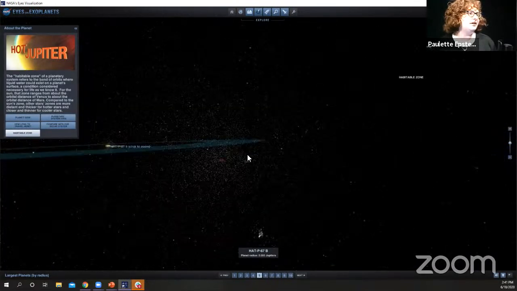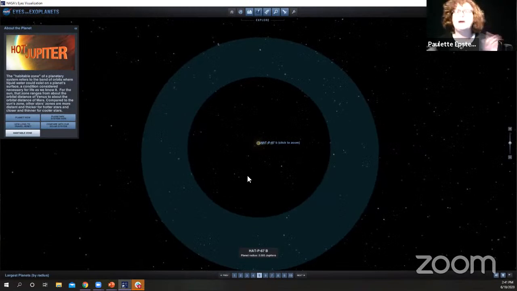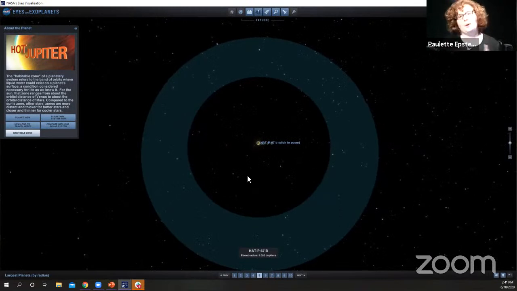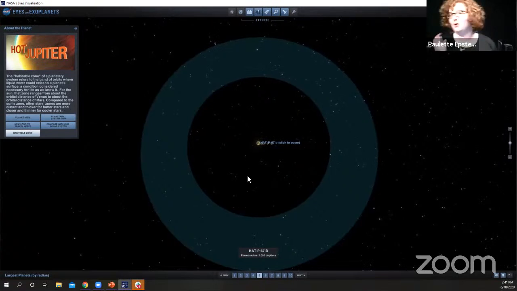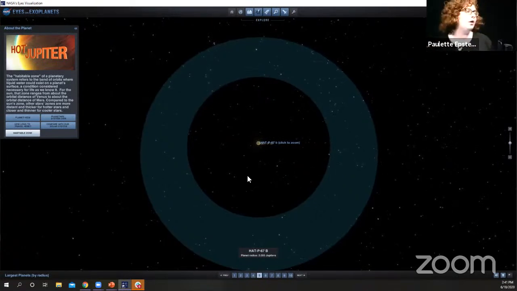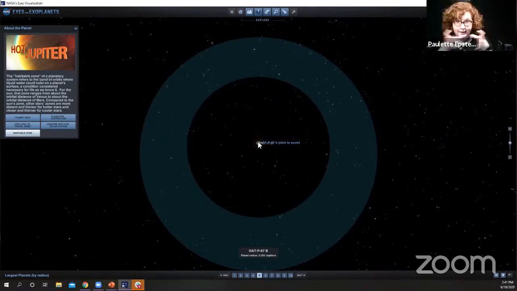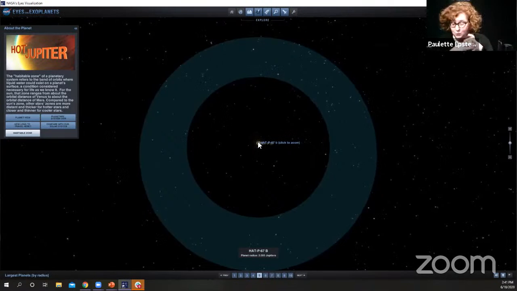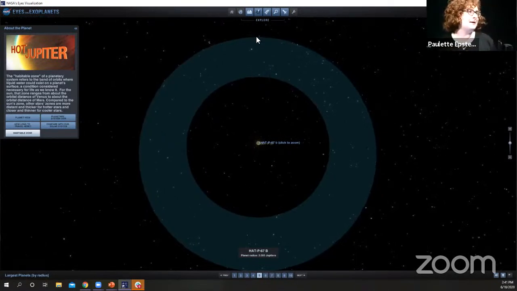And if we look again at the habitable zone, where life would be able to form, where it's not too hot, not too cold, we call it the Goldilocks zone, we're able to see that this one is way inside of that habitable zone. So it's going to be really, really hot on this exoplanet.